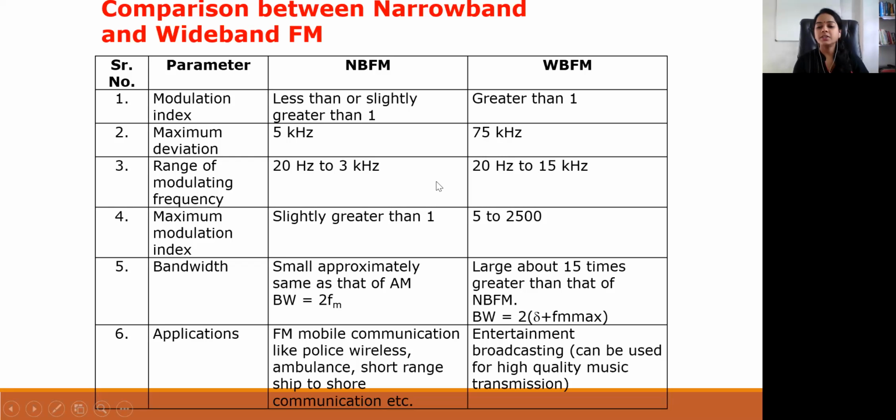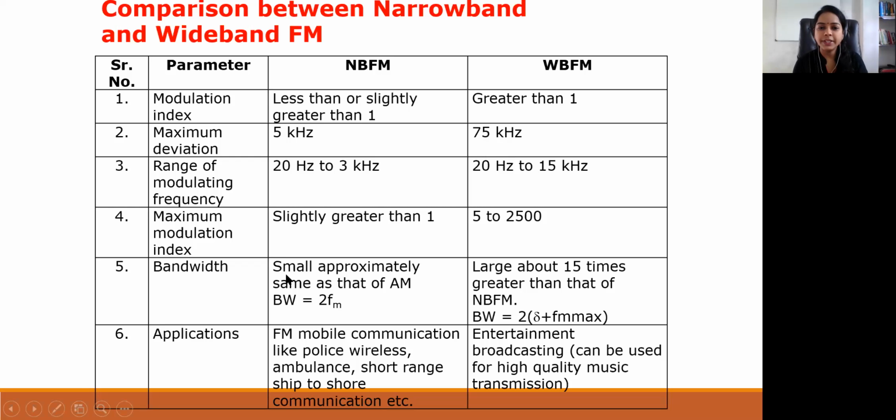Okay, so just one example: narrow band FM happens when you have a simple voice signal. And WBFM is used when you have voice signal and also picture signal, where you need a lot of bandwidth. Here you will have wide band FM.